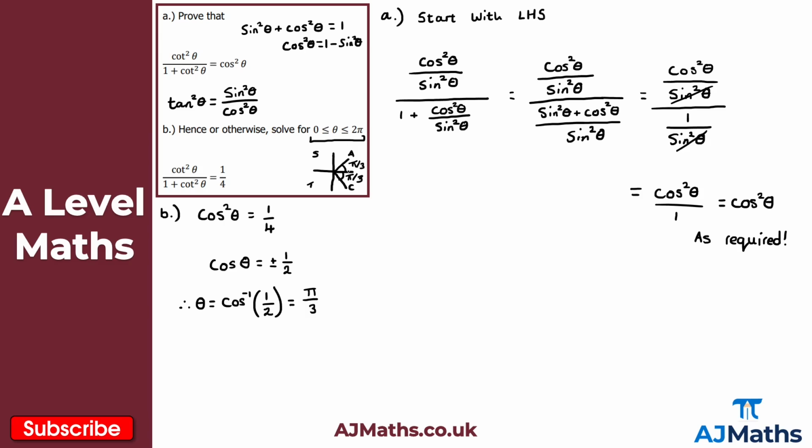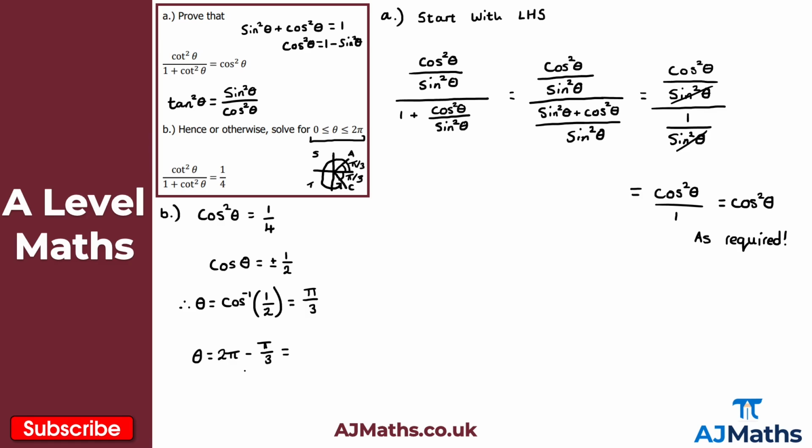And then my second solution comes from this line here all the way around until we meet this line here. We're looking for that angle that's formed. So in that case then, that's clearly going to be 2 pi radians minus pi over 3. So theta is equal to 2 pi minus pi over 3. Keep this in exact form here.